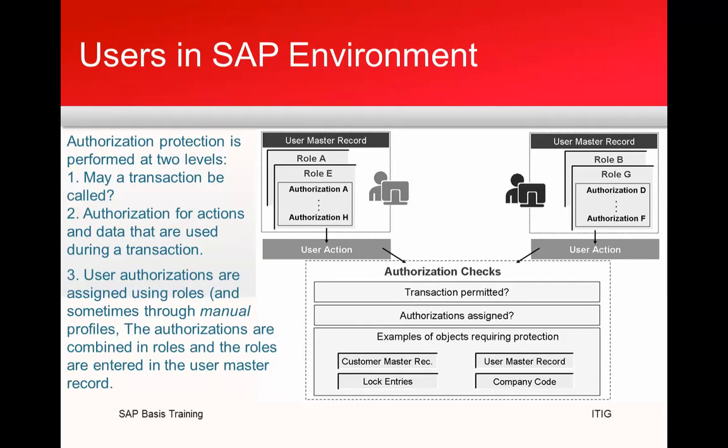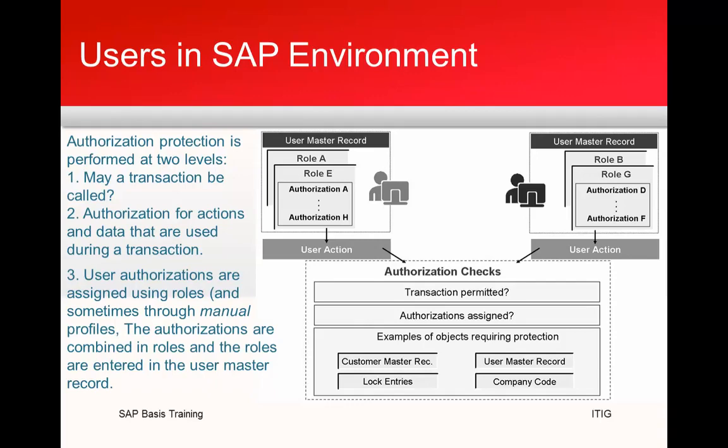The second check is authorization for actions and data that are used during a transaction. That is, you can execute a transaction, but what actions you can perform, for example you can display a particular user, you can edit a particular user, you can delete a particular user. So even though you can go to SU01, what actions you can perform is defined by another layer of authorization protection.